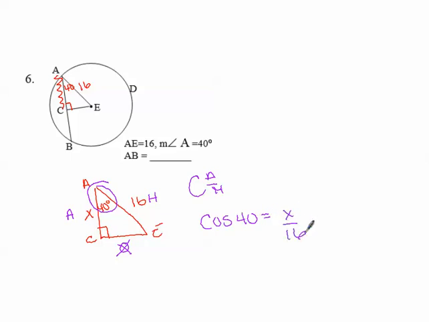Since that 16 is in the bottom and the x is on top, I know I'm going to multiply, and I get 16 times cosine of 40. Make sure I'm in degree mode, which is 12.3. Now I'm not done. Only AC is 12.3. CB is also 12.3. So when I add those together, I get 24.6 for the entire segment.